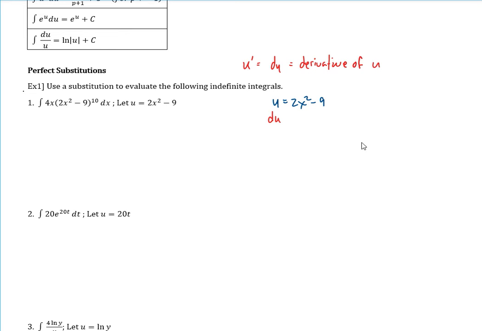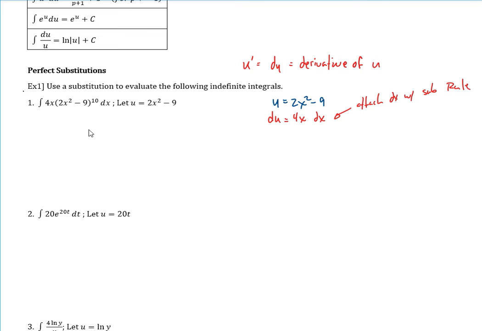Here du is just the power rule, 4x, and then what we need to do is attach a dx with the substitution rule. We'll show why in our next step.